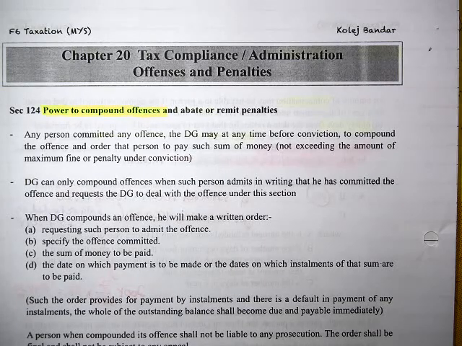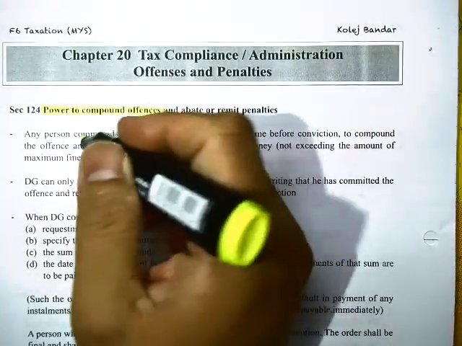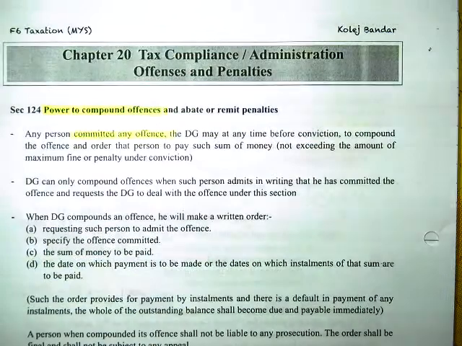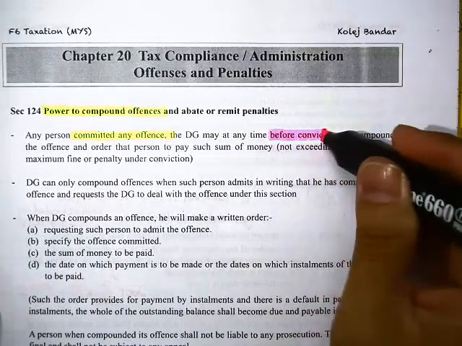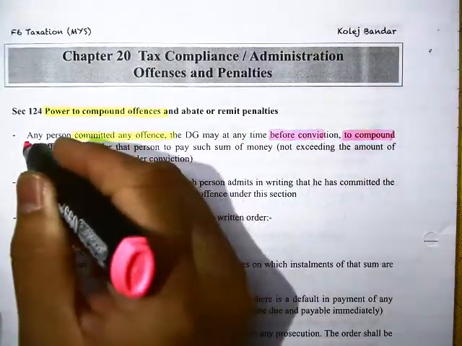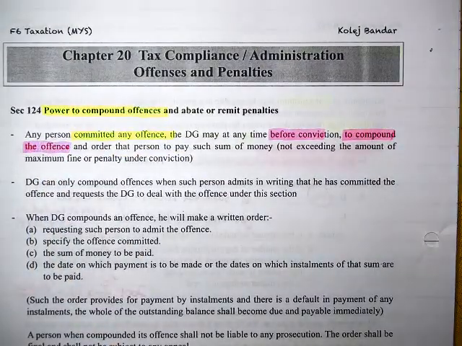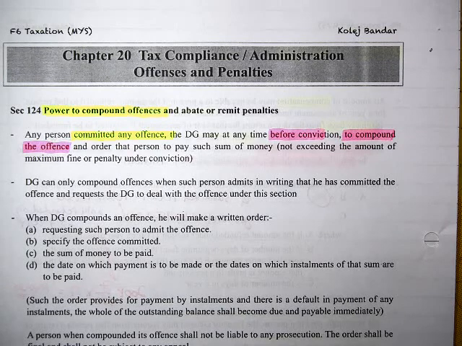Every time a person commits an offense, the Director General may, before conviction, offer you to compound it. Compound means you admit you made a mistake and then you pay whatever amount the Director General says.